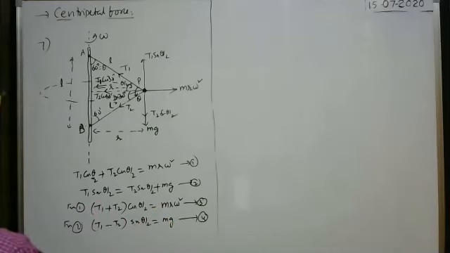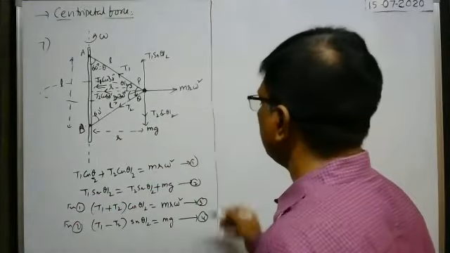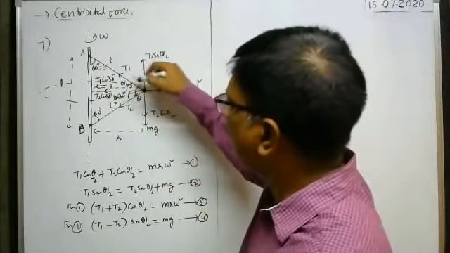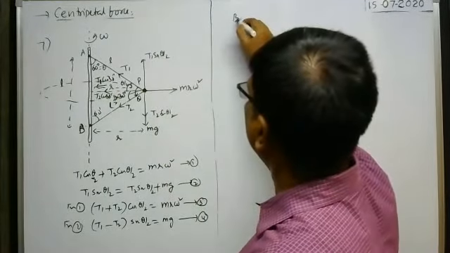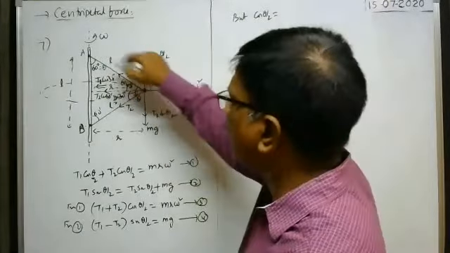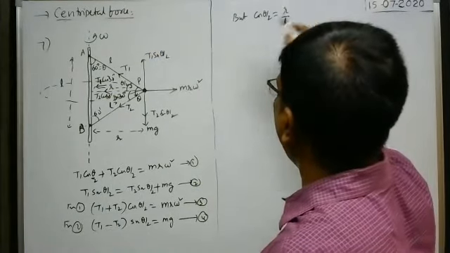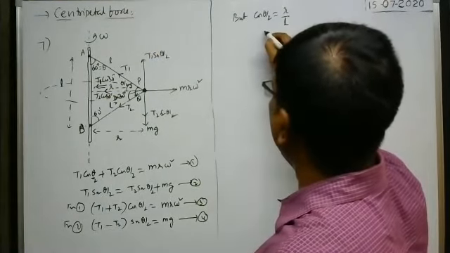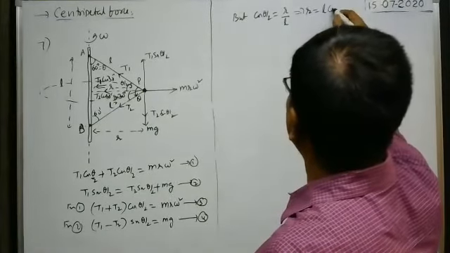What about the r value? From this right angle triangle, you take cos theta by 2, which is equal to R by L. Therefore, R is equal to L cos theta by 2.